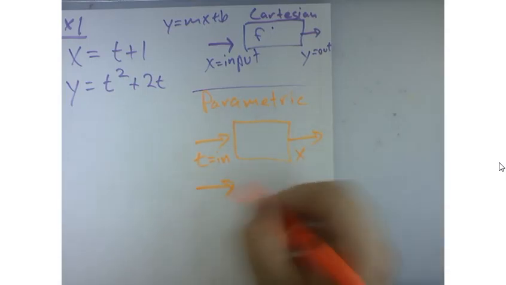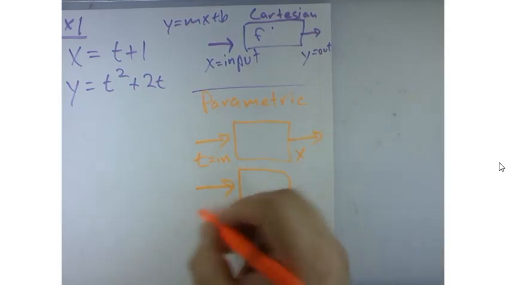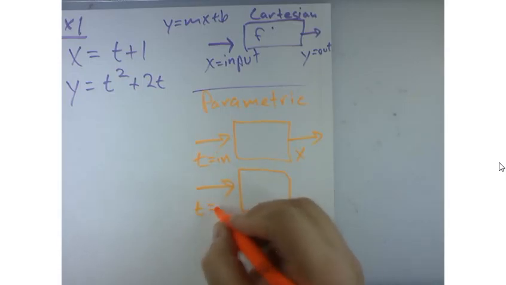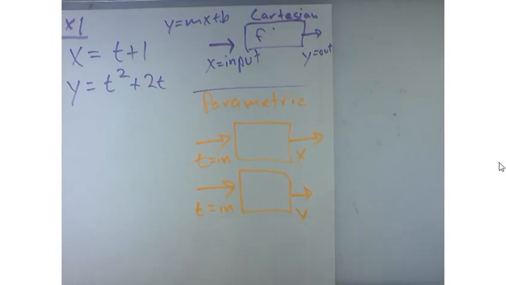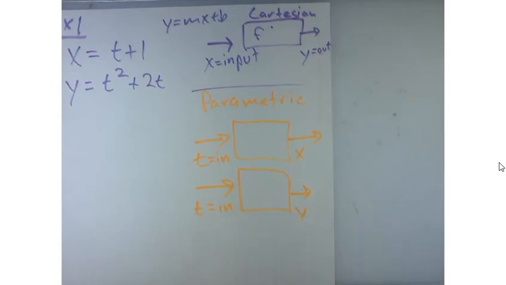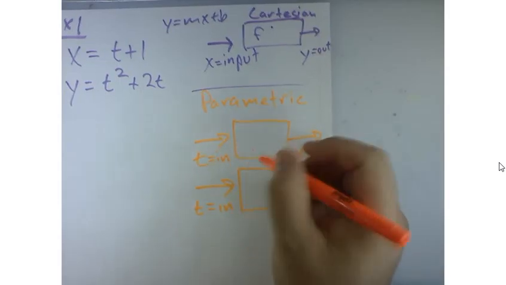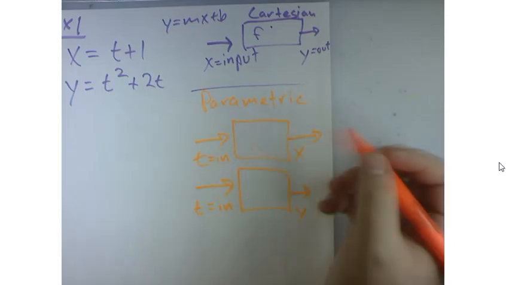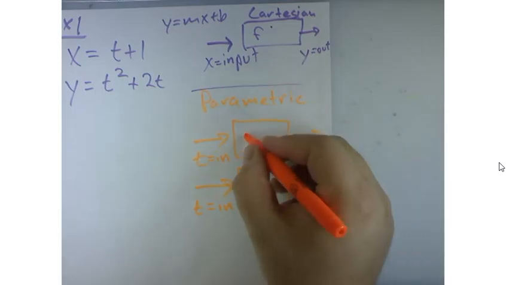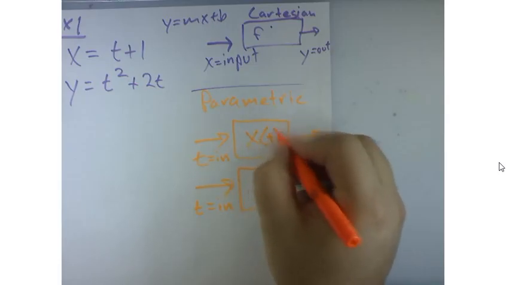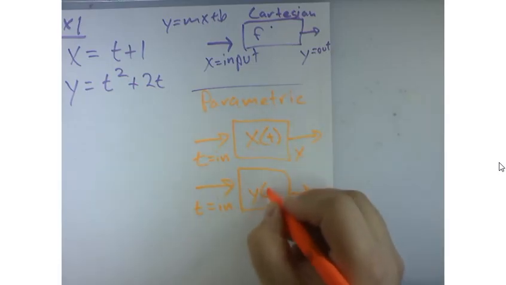Then we're going to repeat that process, and we'll plug in that same value for t and get a y value out of it. Which is a little weird, and so we could call these functions x of t and y of t. So they're functions of t.